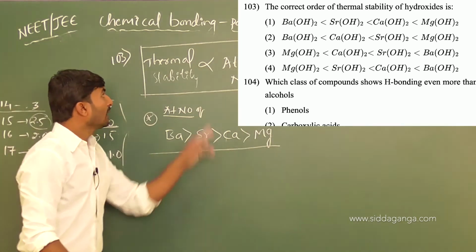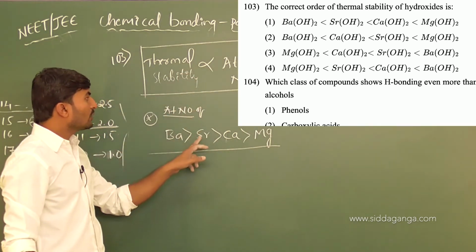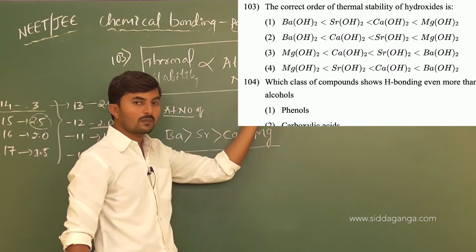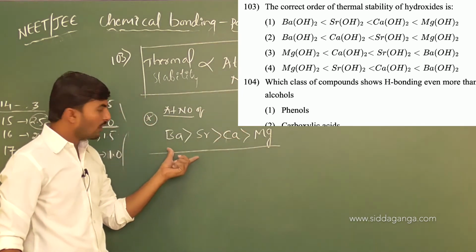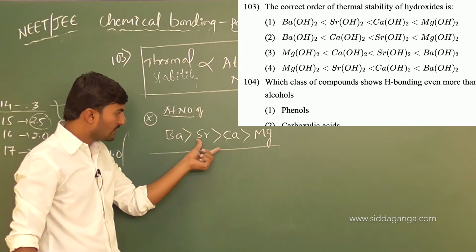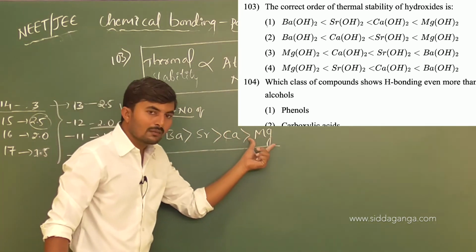What did we say? Thermal stability of the molecules increases with the atomic number. Here the atomic number of barium is greater than strontium, greater than calcium, followed by magnesium.